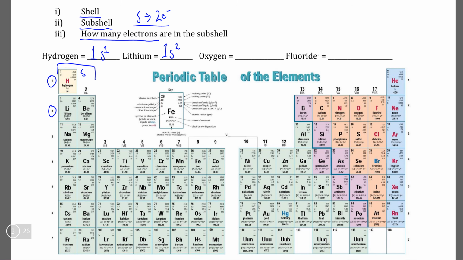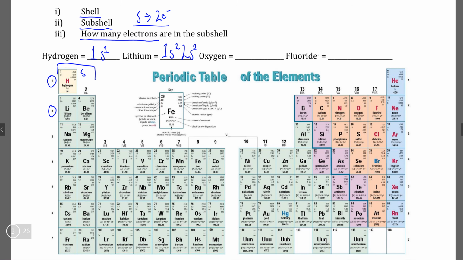But we know that each S subshell can only have 2 electrons, and that's where we would need a second S subshell, hence 2s. And we know that lithium has 3 electrons. We have used 2 of them in the 1s subshell. Now we need the last one, so 2s1.